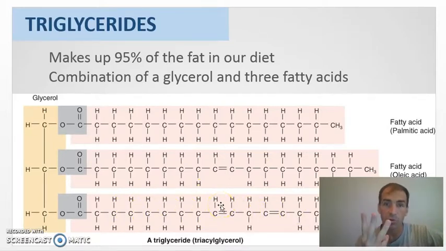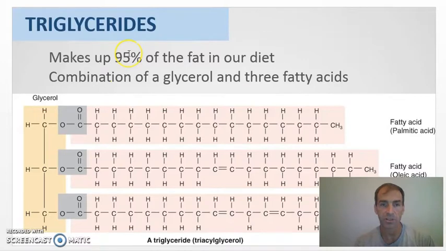So you have 3 fatty acids. And attached to these, in order to make a triglyceride, you need glycerol. And glycerol is this part right here. It's going to be a 3-carbon structure. And this is going to help us form a triglyceride. And so most of our diet is made up of triglycerides, and most of the way these are stored is as triglycerides.